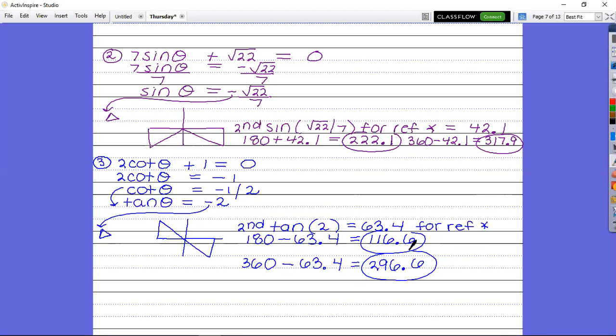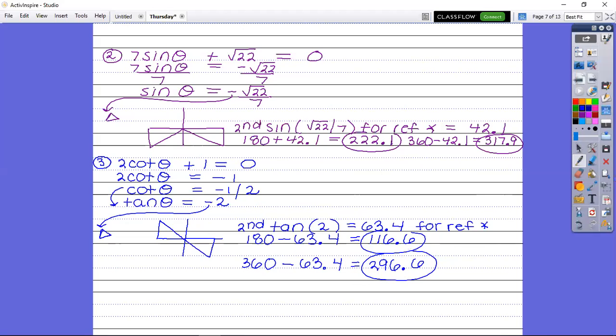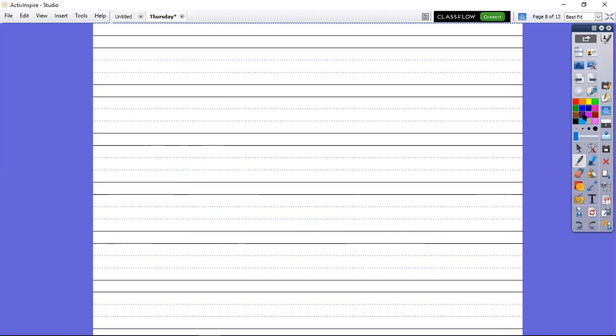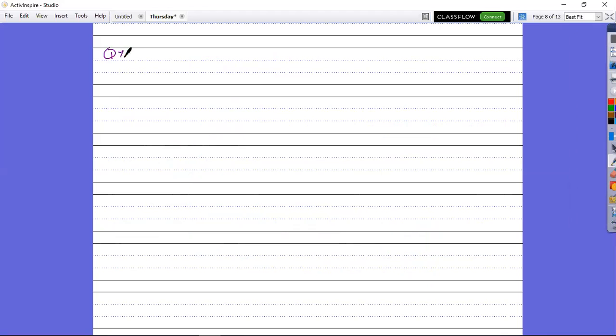So last but not least today, I'm going to give you what we consider a quadratic trig equation instead of a linear. So here's your last one for today. This gets into our section on quadratic trig equations, and these can yield upwards of 4 possible answers.